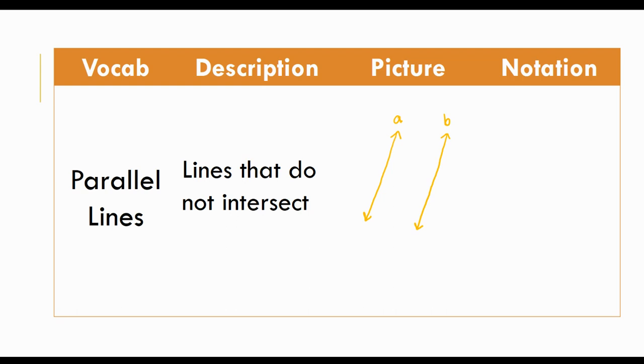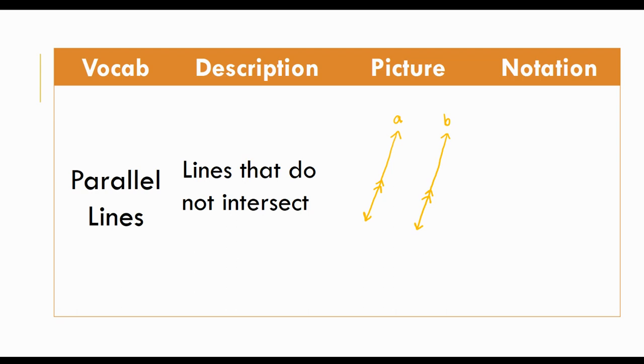So if you're looking at a picture of two lines, to know that they are not going to intersect, they have to have some kind of marking on those lines. It's essentially going to be some kind of arrow. Maybe it'll be one arrow, maybe it'll be two arrows, but they have to have some kind of arrow on that line, and that tells me that those two will never intersect.